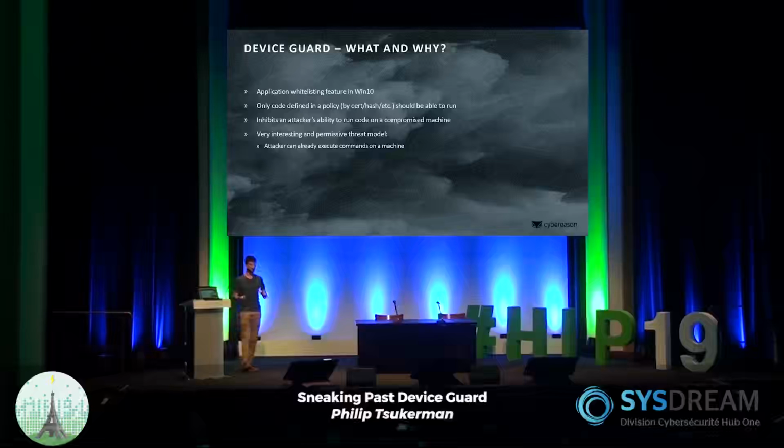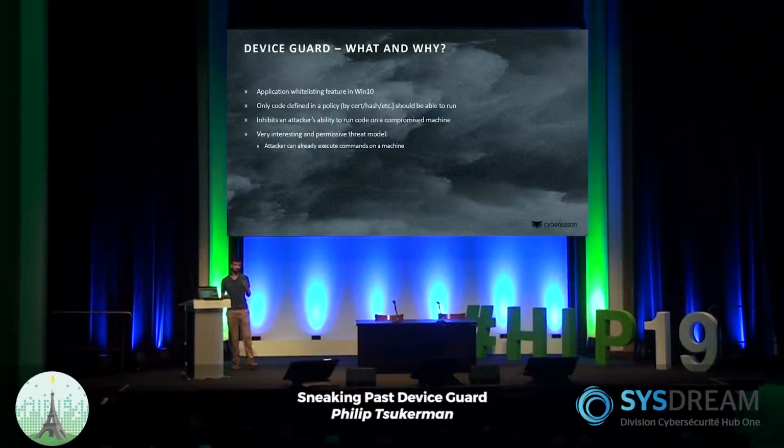Now, Device Guard is an application whitelisting feature that was introduced in Windows 10. It is actually the successor to an older feature called AppLocker. And this feature, as an application whitelisting feature, tries to defend against an attacker that already has some kind of access to your machine.